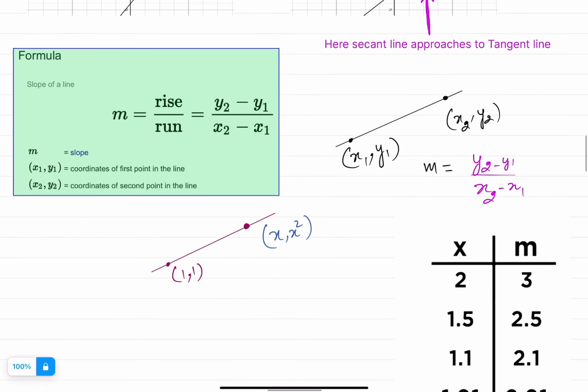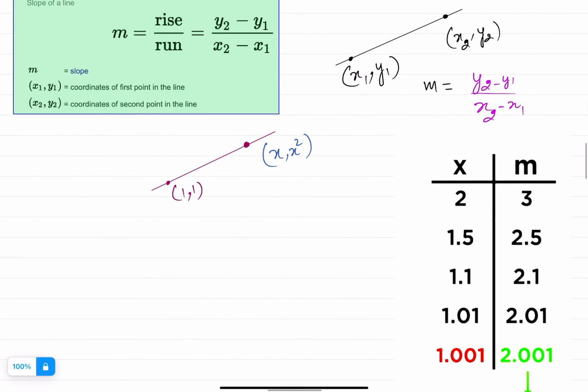Now if you want to find slope for this line, we know that slope will be equal to change in y coordinates, this minus this, that is x square minus 1, divided by change in x coordinates, this minus this, x minus 1.